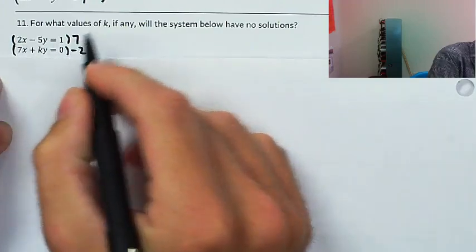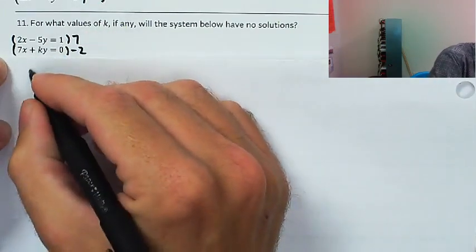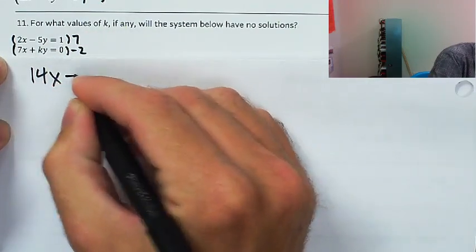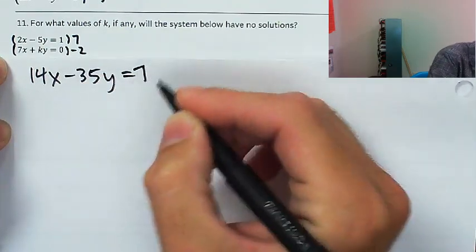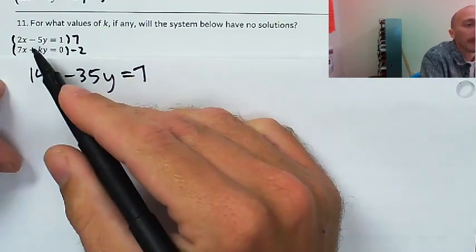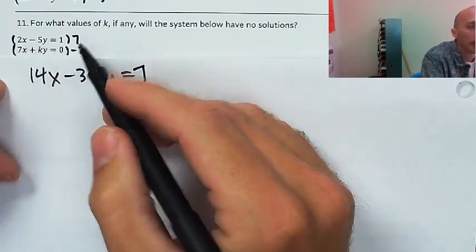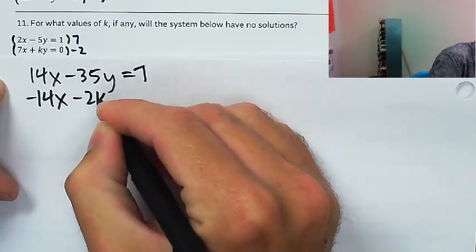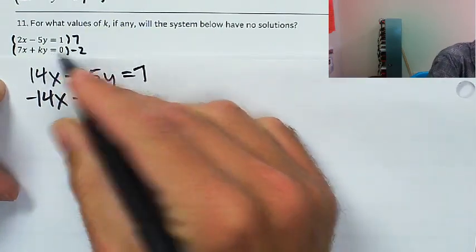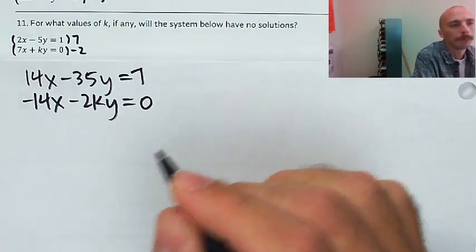Okay, so if I multiply this one up by 7, I'll say 14x minus 35y equals 1, no, equals 1 times 7. Okay, and then over here, when I multiply this one by -2, I'll have -14x minus 2ky equals 0 times -2. That's going to be 0.